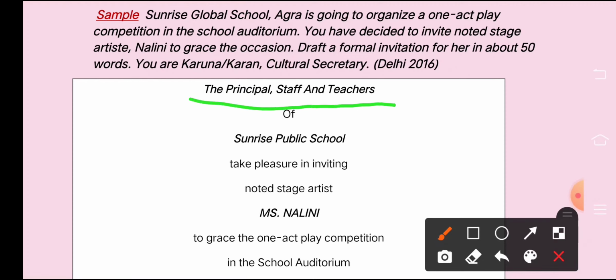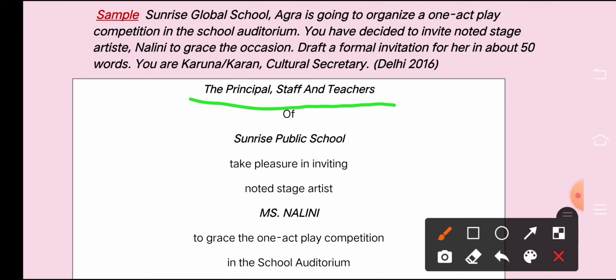So this is the very first point as I have discussed with you. The first point of this invitation format is the name of the host. Clear? So the name of the host here is the principal, staff and teachers. Or you may do the principal, staff, students, or students, staff and teachers.